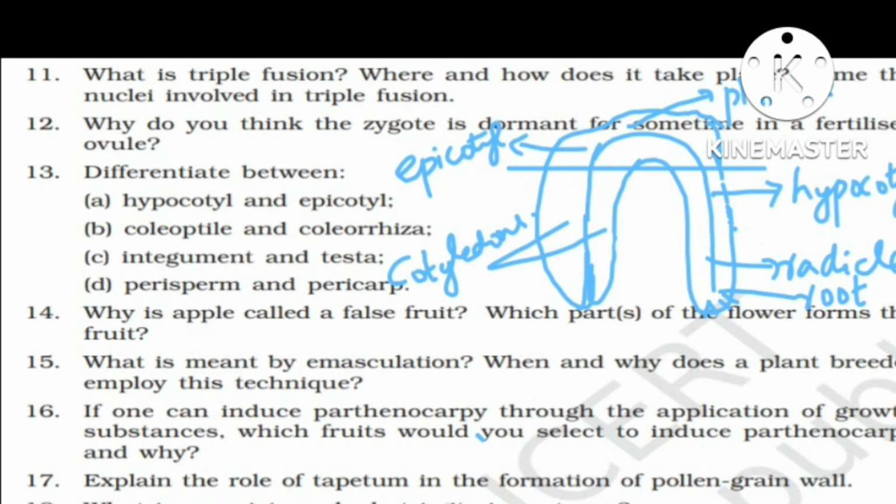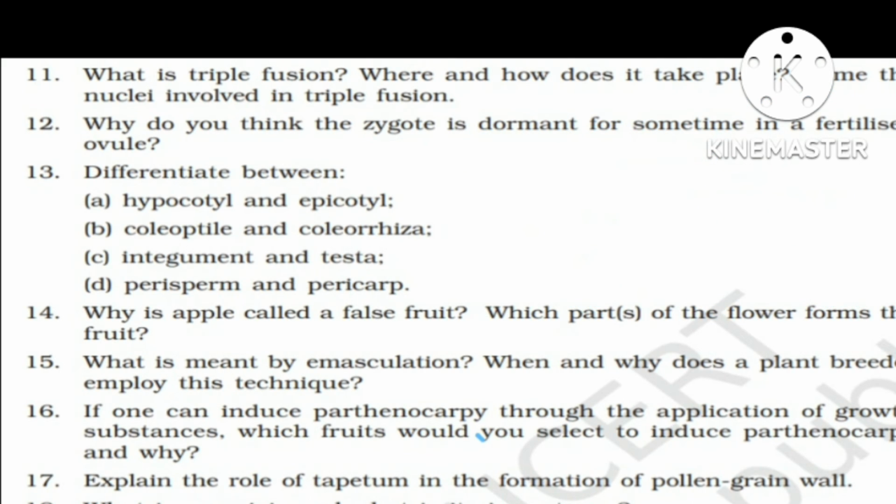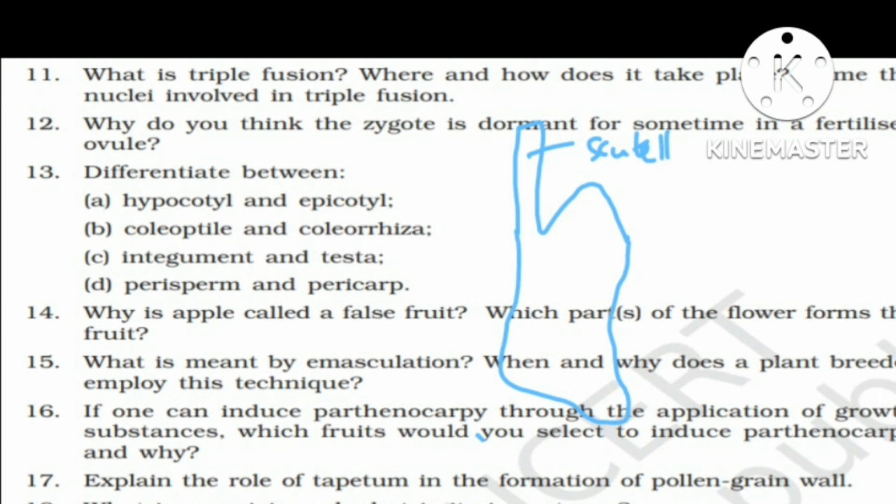Only thing is that the monocot seed's cotyledon is called scutellum. Differentiate between coleoptile and coleorhiza. Now if it is a monocot seed where there is the scutellum, this is the scutellum, that is the cotyledon of a monocot seed, like maize.